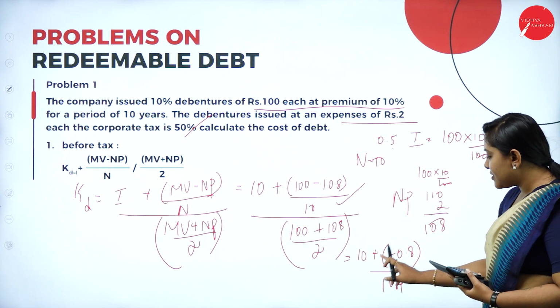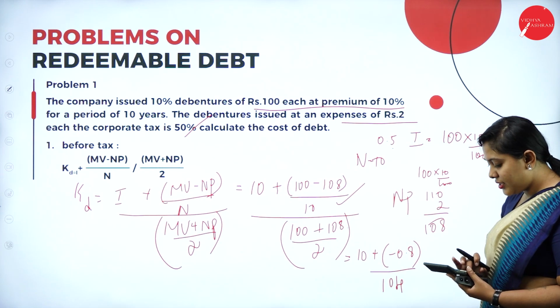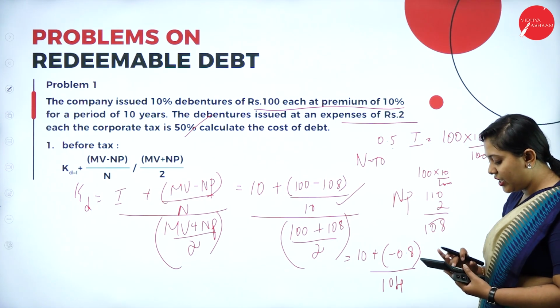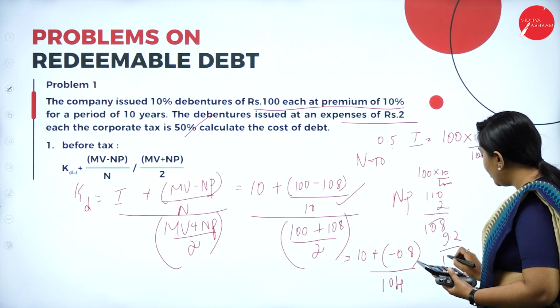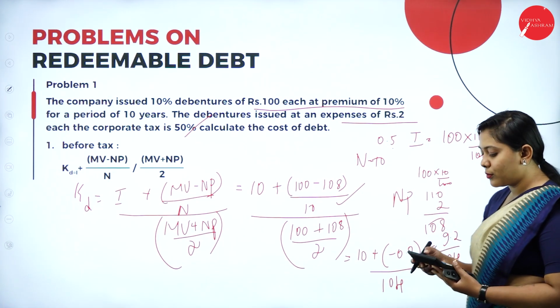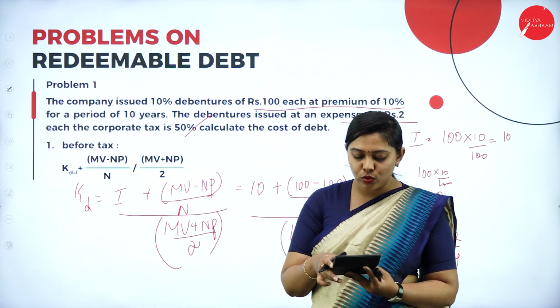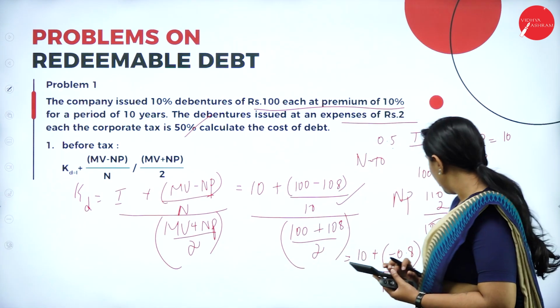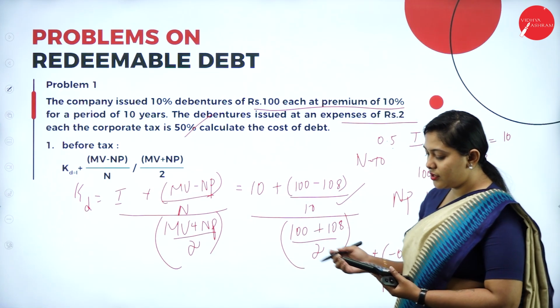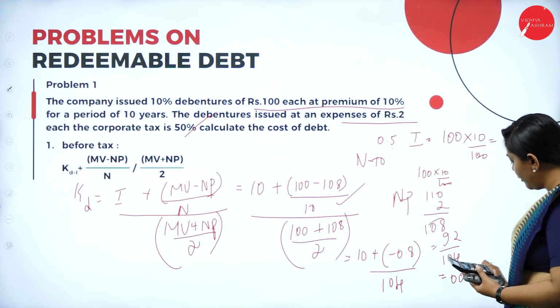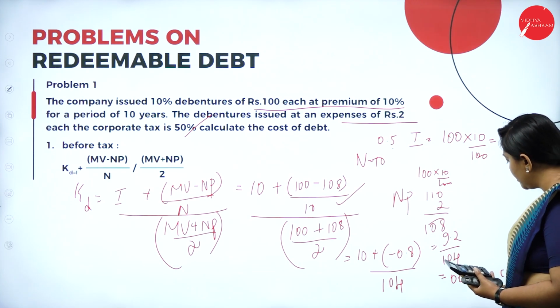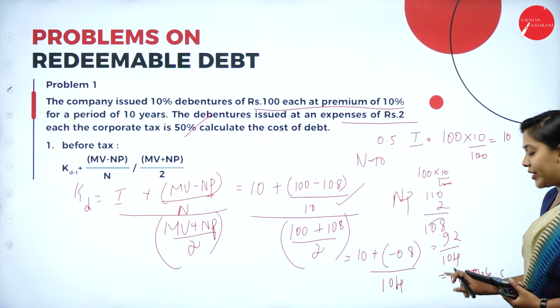So 10 minus 0.8 will be 9.2. So 9.2 divided by 104, the answer will be 0.08846.